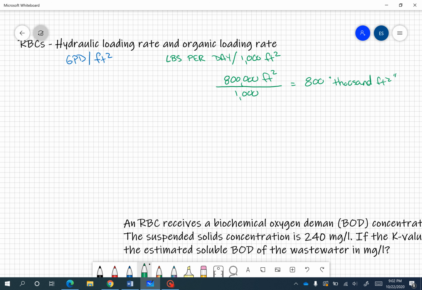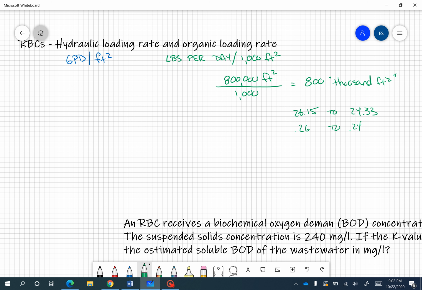And I kind of mentioned this in class, but I think the reason they do that is so that when you do your final division problem, you get a whole number. Because a lot of these calculations we're doing just to compare loading rates to a standard loading rate. And when you're comparing numbers, it's just easier to compare a number like 26.15 to 24.33 instead of 0.26 to 0.24.